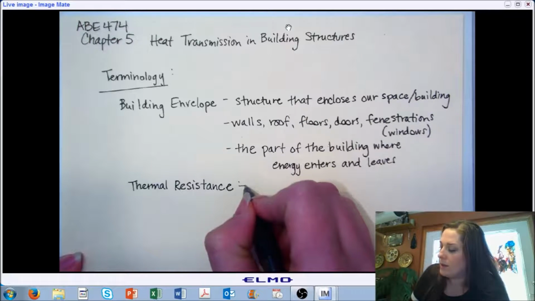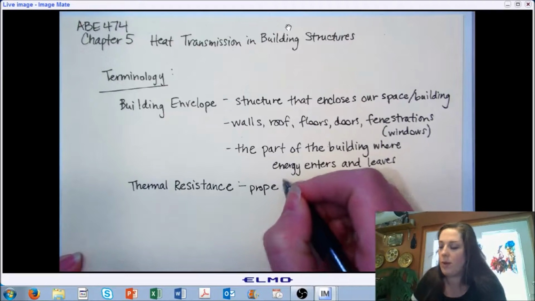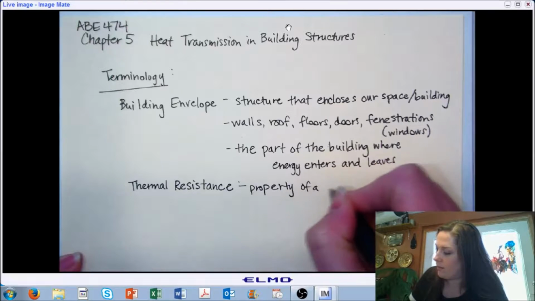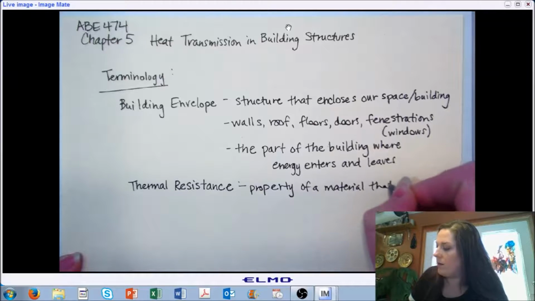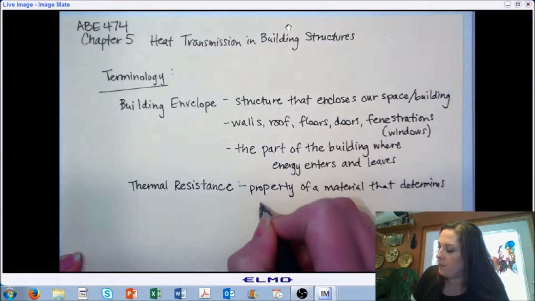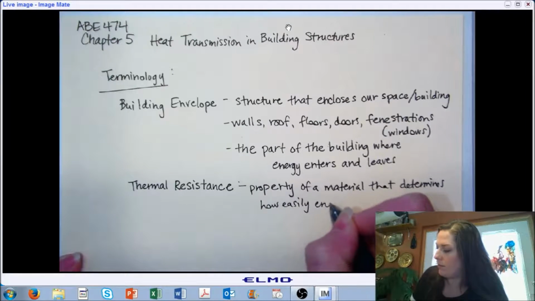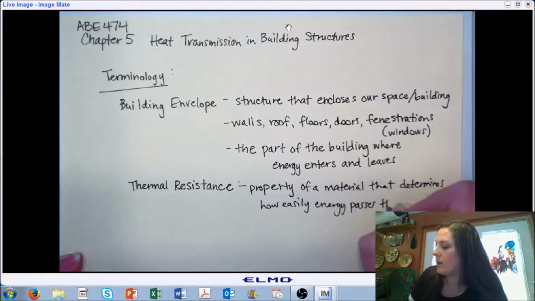This is the property of a material that determines how easily energy can pass through that material.